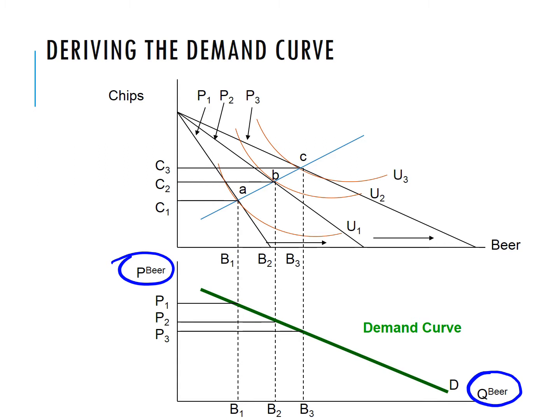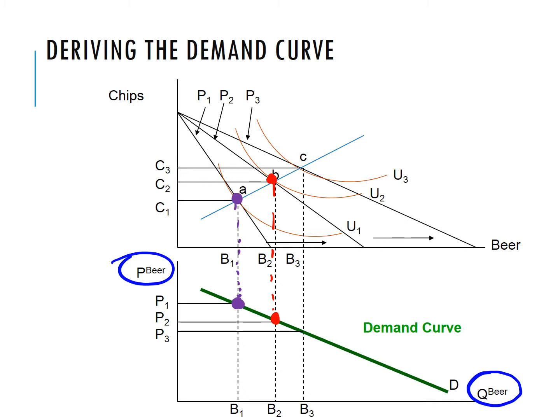So we chose A first, and that is the same quantity at this point on the demand curve. So choice A corresponds to a point on the demand curve, has the same quantity of beer, and the initial price of beer. Then point B, after the price of beer has fallen, corresponds to this price on the demand curve at the lower price.